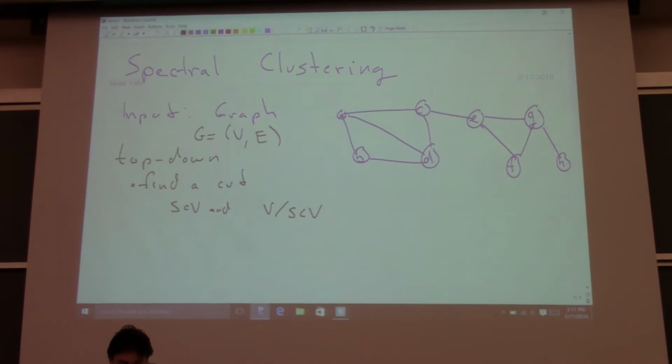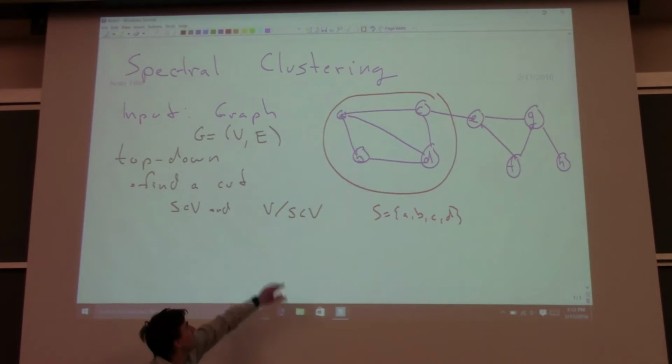As we'll see, a good clustering of this graph is probably going to look like this, where S would be the set A, B, C, D, and then everything else we'll write as V minus S. Maybe we'll call this S prime.